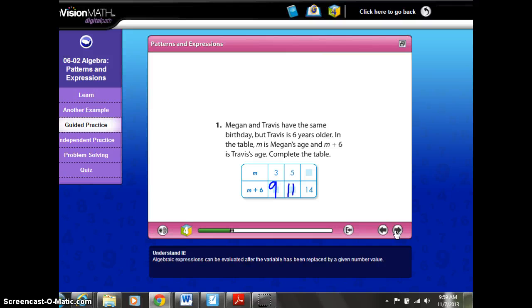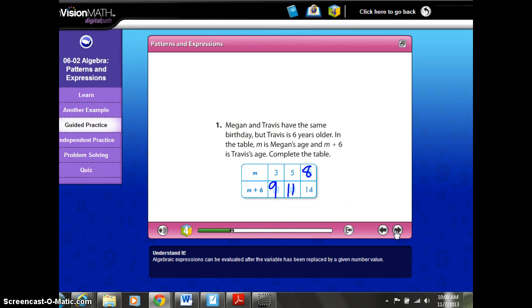Is there another way you could have solved that, Dathan? It is going in a pattern. Not really. This makes it a little tougher because, right. Okay, so did she just say 8 should go here?